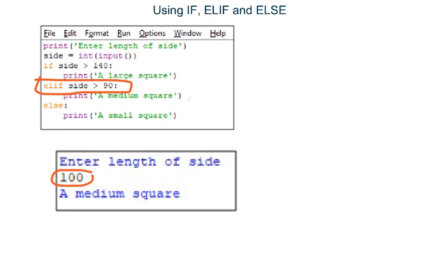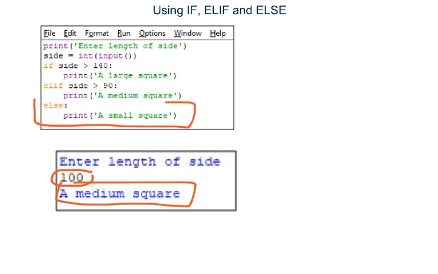It checks if what is in variable side is greater than 90. Clearly, 100 is greater than 90, so it does this next indented line of code and outputs a medium square. Because it has done the elif part of the code, it does not do the else part of the code.